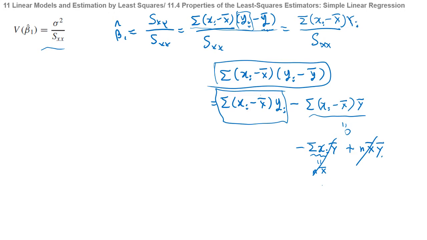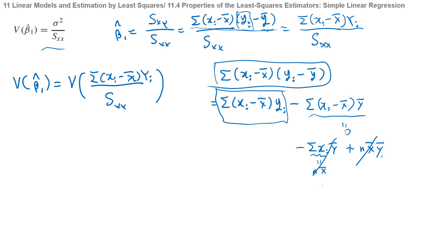Let's calculate the variance of beta 1 hat. This is the variance of 1 over Sxx times the sum of (xi minus x bar) yi.